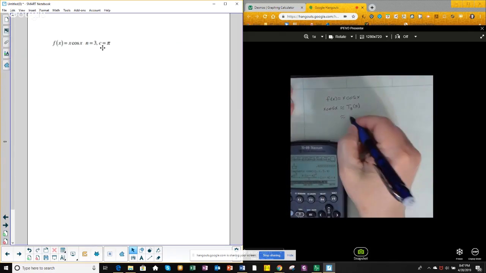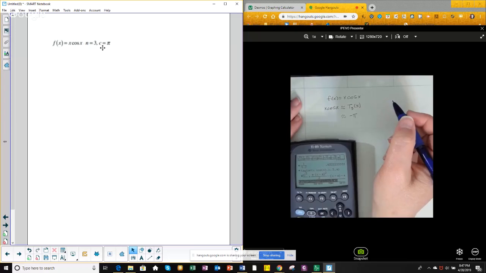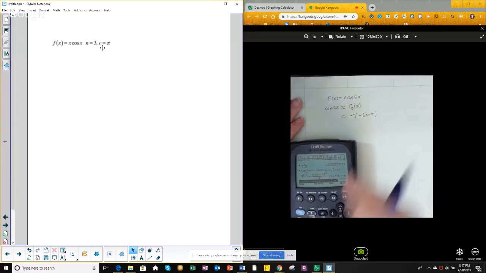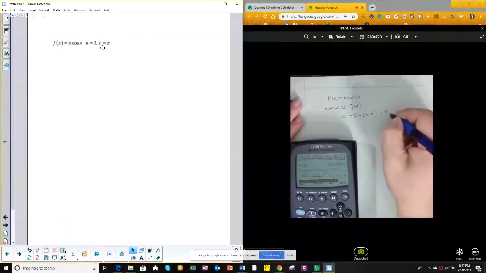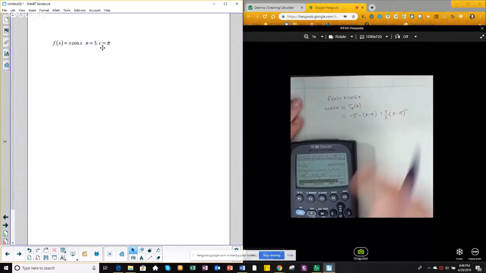So it's going to start off at negative pi minus x minus pi plus pi over 2 times x minus pi quantity squared. And let's go up here and see the last term.